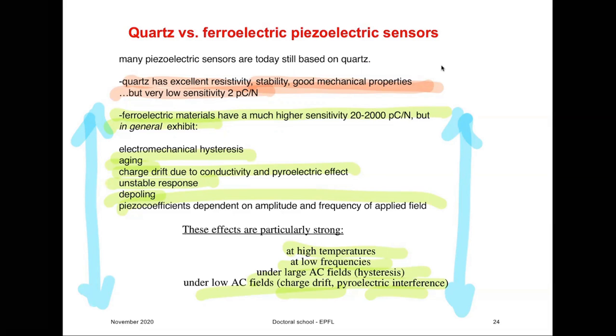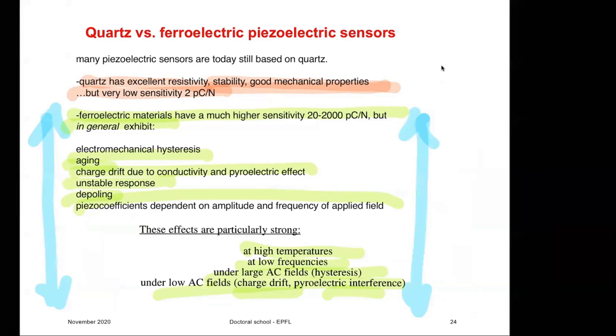We can make ferroelectric materials, as I have shown you, with a d33 10 times bigger than in quartz, which are almost as stable as quartz, or even with a better stability, they can go to higher temperatures. There are such ferroelectric materials, for example, some of these bismuth titanate compositions that I have showed before, and you get higher sensitivity, 10 times bigger than quartz.